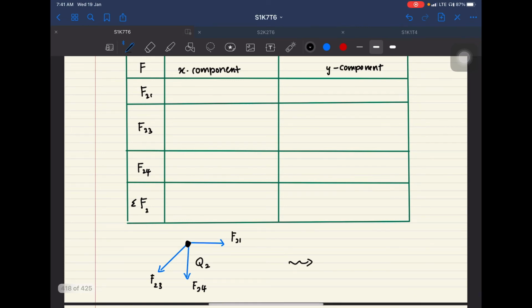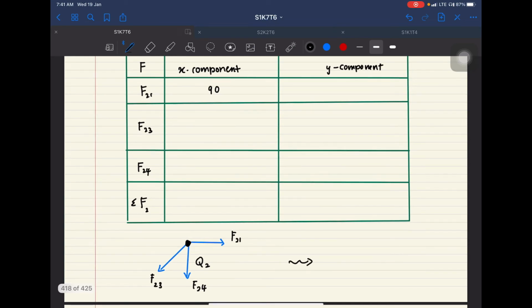F21 to the right, so you only have values for X component. Just now we calculated that one is 90. And then F24, only Y component, that one is 90. This one is 0, this one is 0. And because F24 is downwards, I have to put negative over there.